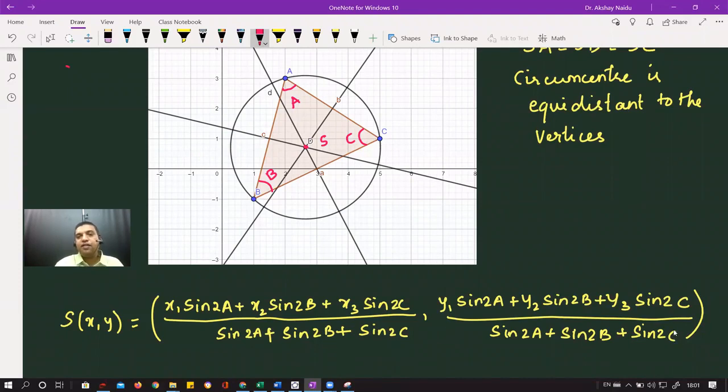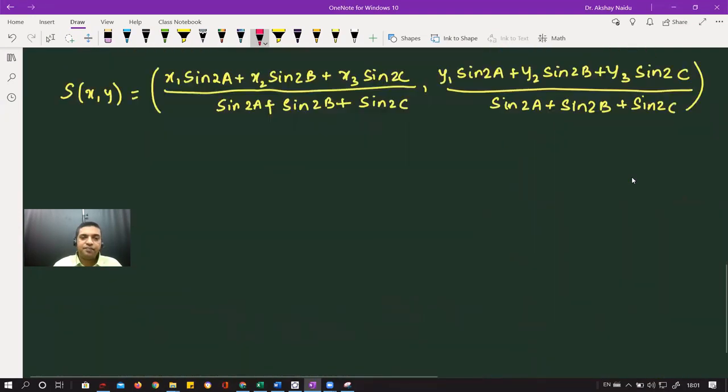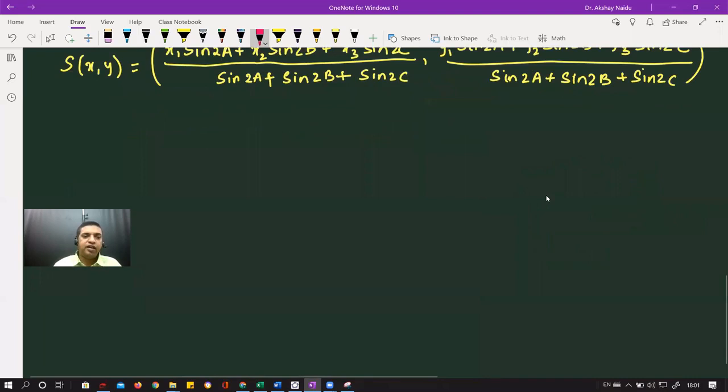Similarly for y. However, without using this formula, you can find circumcenter using this result: SA equal to SB equal to SC. Okay, this is circumcenter. Very quickly, I'll cover incenter and then we'll stop.